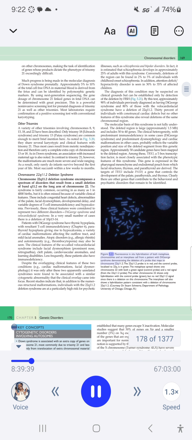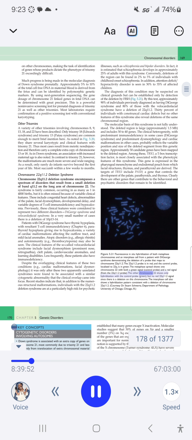Figure 5.21. Fluorescence in situ hybridization of both metaphase chromosomes and an interphase cell from a patient with DiGeorge syndrome demonstrating the deletion of a probe that maps to chromosome 22q11.2. The 22q11.2 probe is in red and the control probe, localized to 22q, is in green. The metaphase spread shows one chromosome 22 with both a green signal (control probe) and a red signal from the 22q11.2 probe.